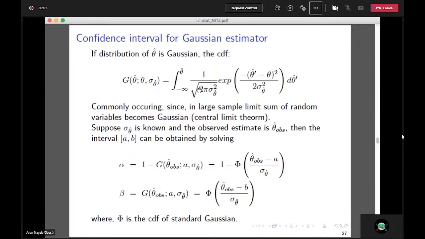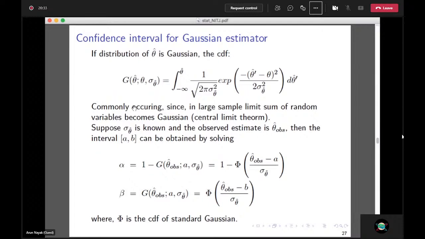This case commonly occurs, because according to the central limit theorem, the sum of random variables becomes Gaussian. So if your estimator is a sum of many random variables, the PDF of the estimator would be Gaussian.